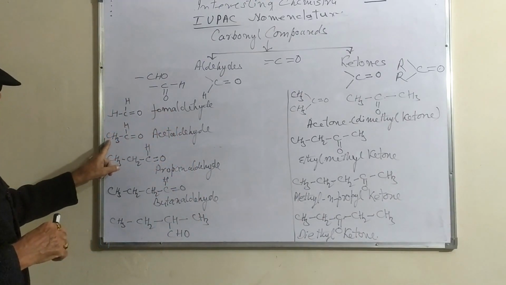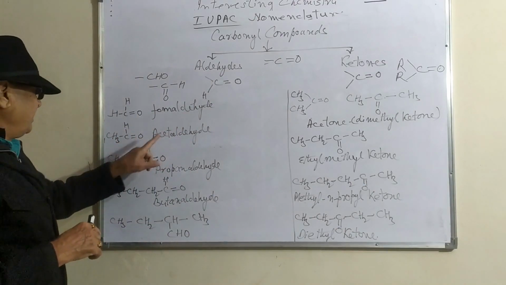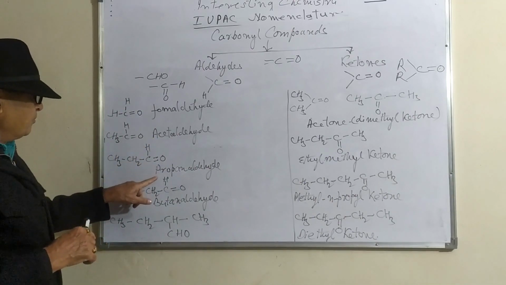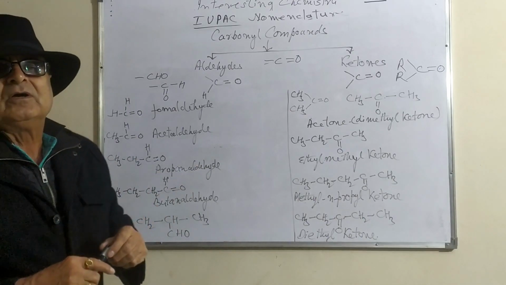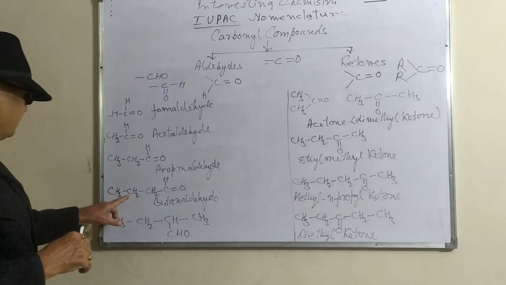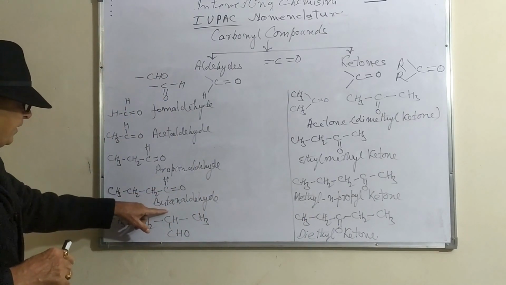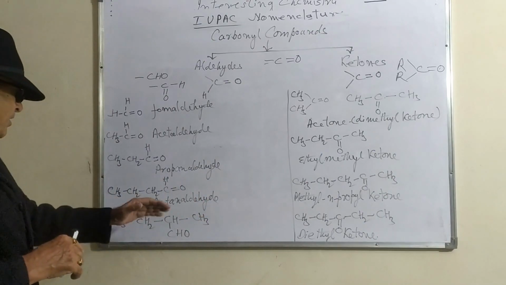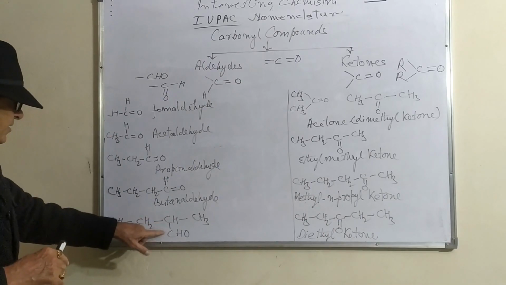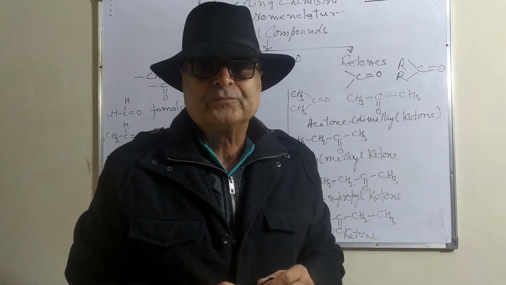CH3CHO is acetaldehyde, CH3CH2CHO is propionaldehyde, and CH3CH2CH2CHO is butyraldehyde. Now CH3CHO, I will tell you the name of this compound later.